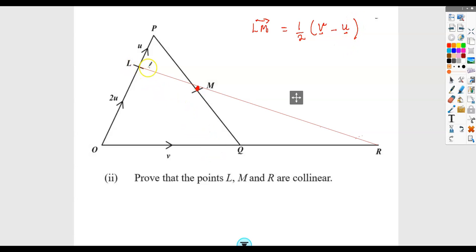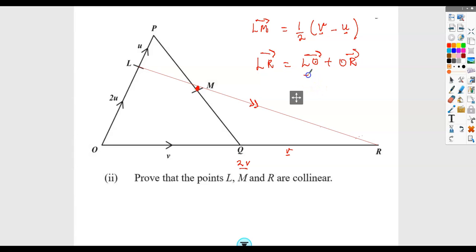So let's find LR. The resultant LR there is going to be LO plus OR, and this is V. So the full length there is going to be 2V. LR is going to equal LO plus OR.